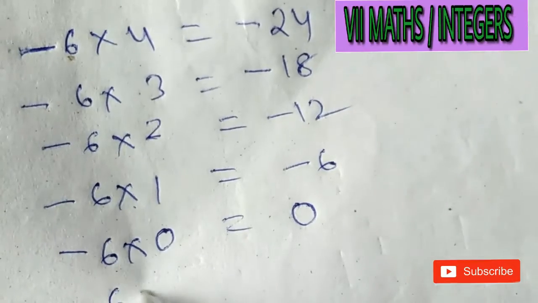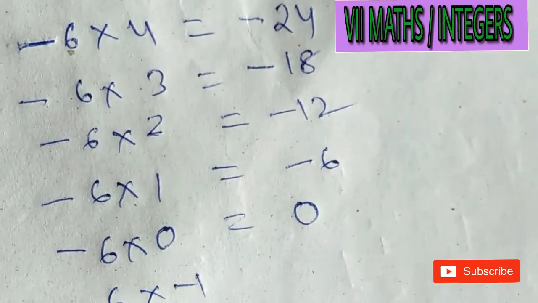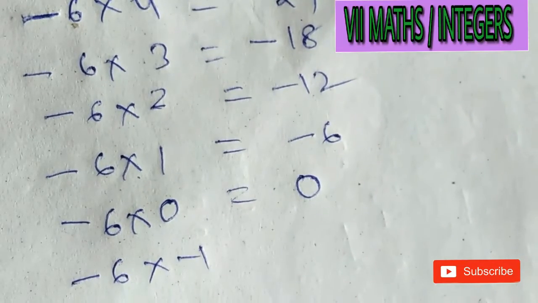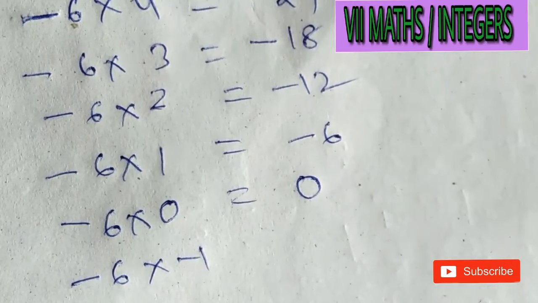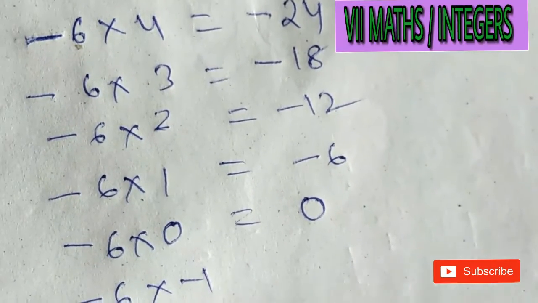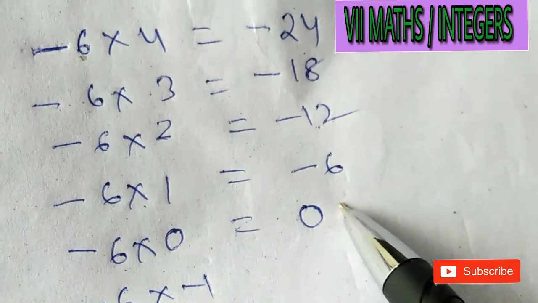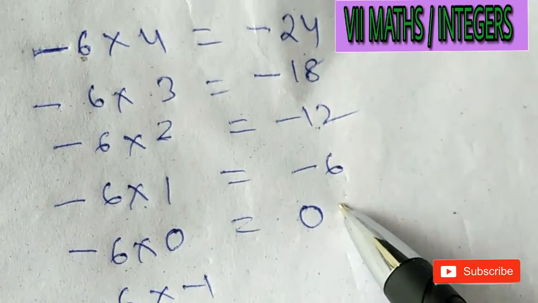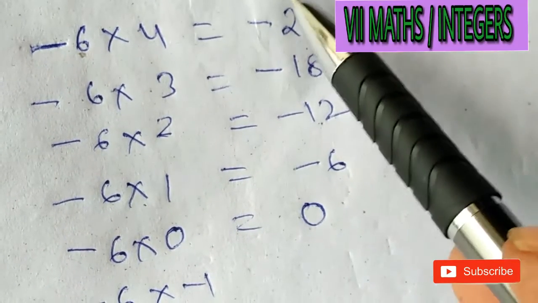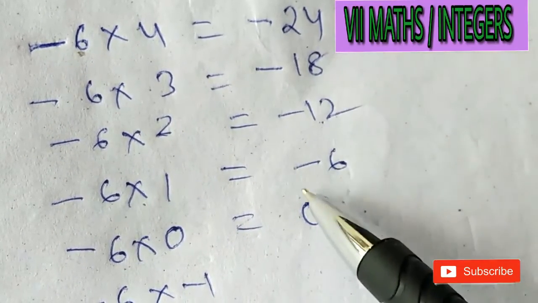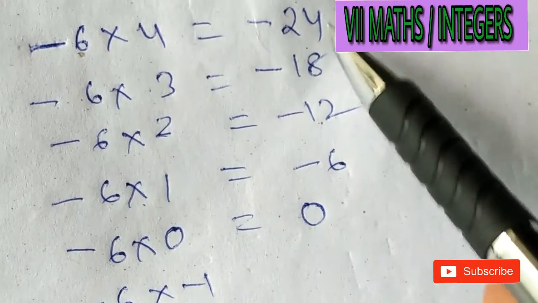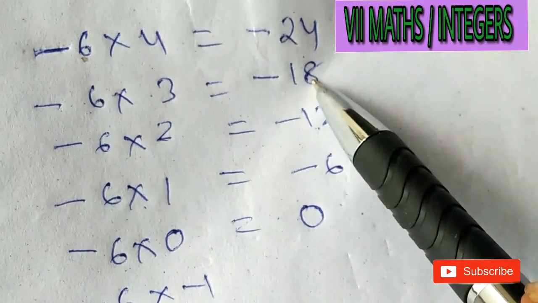So minus 6 into minus 1, what do you get here? Both numbers are negative. Once you observe here: minus 24, minus 18, minus 12, minus 6. Understood? Here we have negative signs.